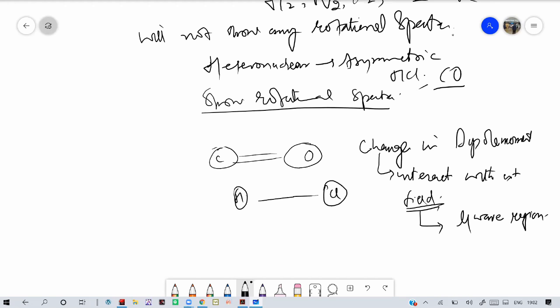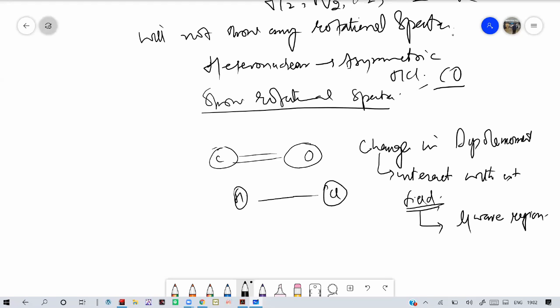And the energy range, that means the wavelength of this microwave, typically falls into, let me give you the value. You can convert the wavelength into energy and then energy back into wavelength, so that is an easy thing to calculate.